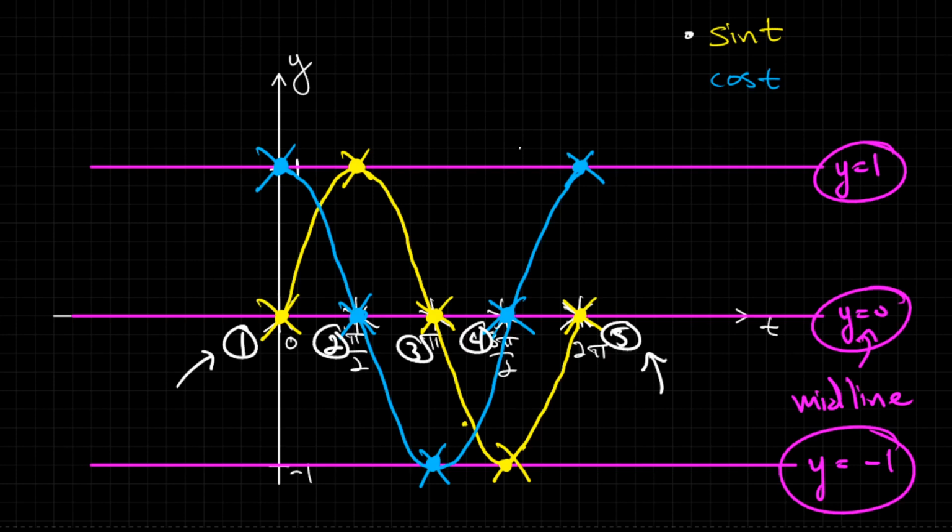So let me show you how that might look if we didn't know these middle coordinates here. So let's suppose that we didn't know what these middle t-coordinates were, but we knew the first one, which is t equals 0, and the last one, which is t equals 2 pi.